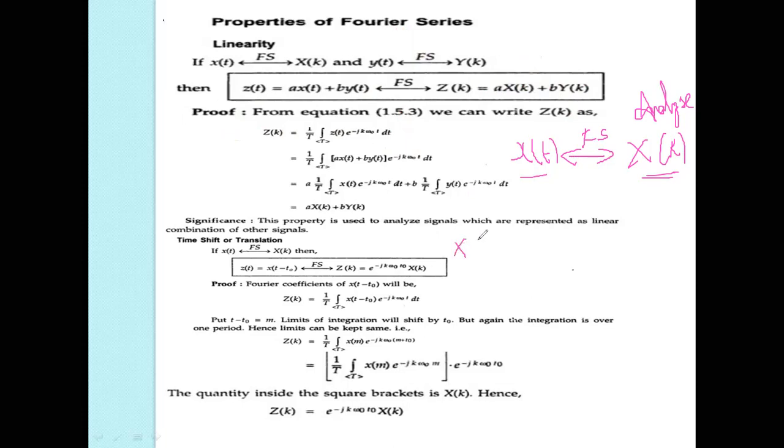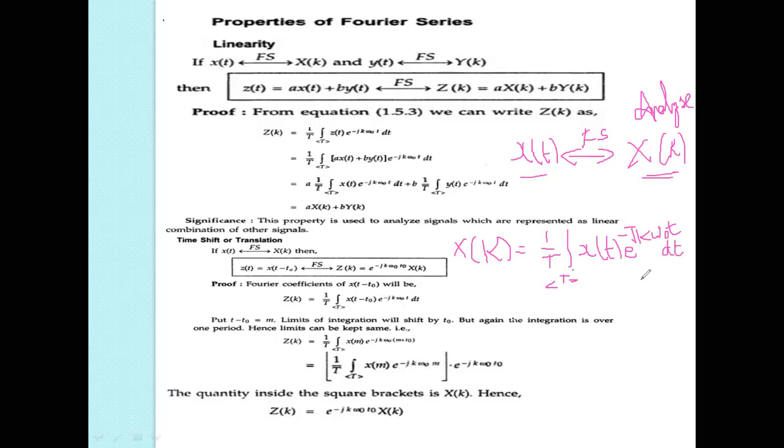X of k is equal to 1 by T, the integral over the period T, of x of t, the signal, times the negative exponential e power minus j k omega naught t dt.